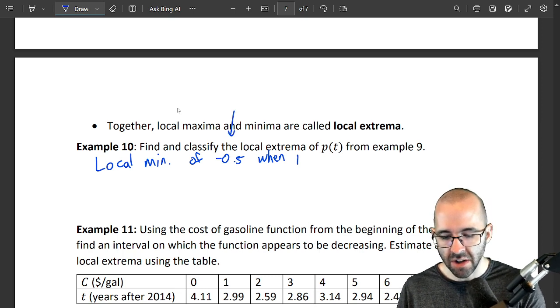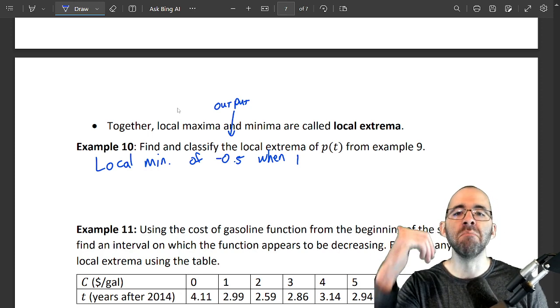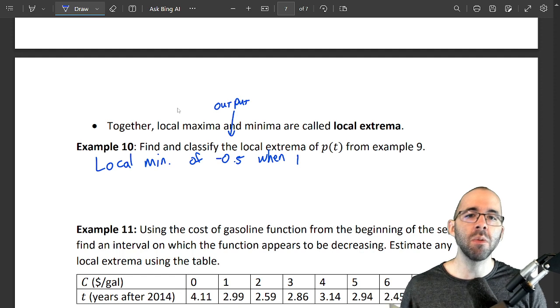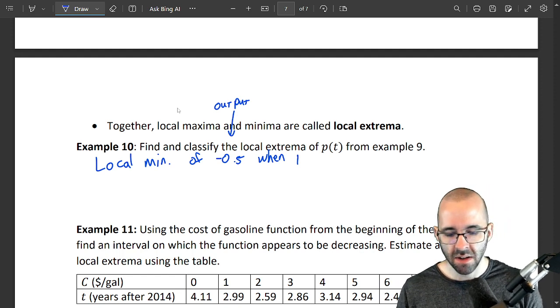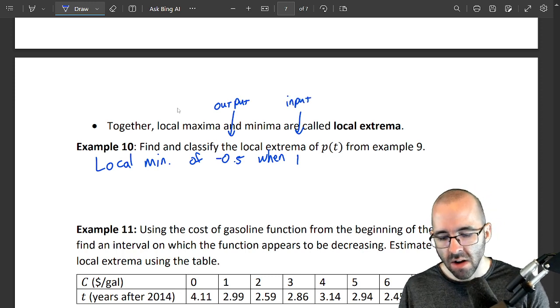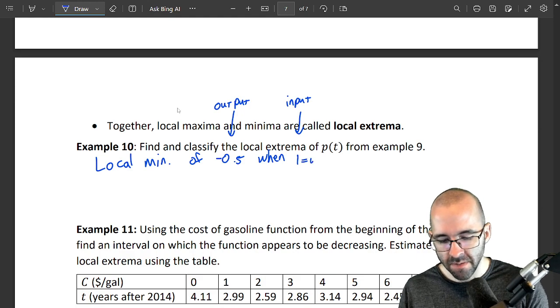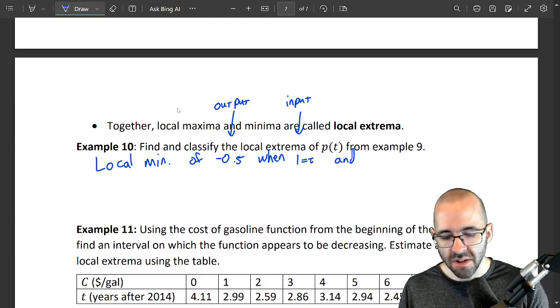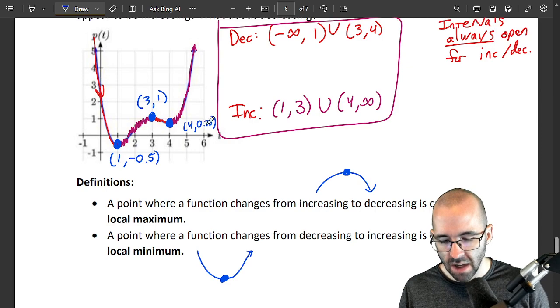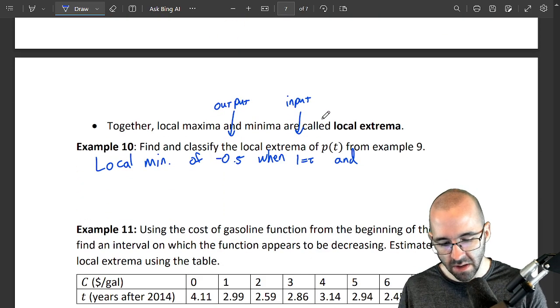So this is the function value. So when we say, what's the local minimum? We want to find the minimum value of the function. So the local minimum is the output. But then we often talk about when that minimum happens. There's a local minimum of -0.5 when t is equal to 1. And there's another local minimum at an output of 0.75 when t is 4.